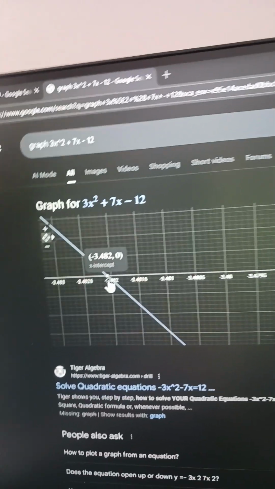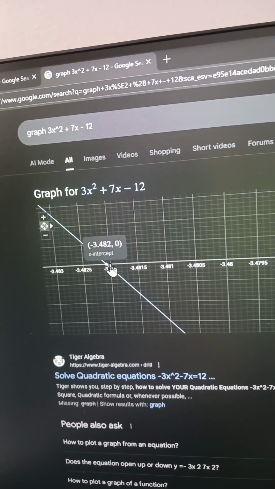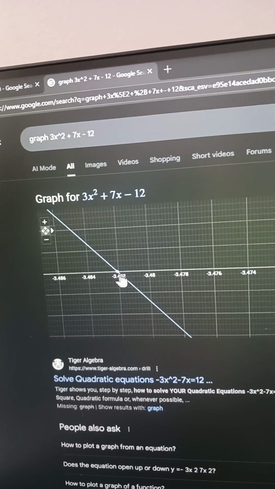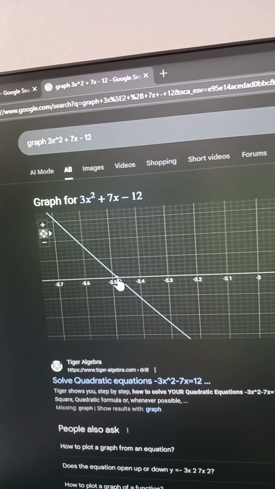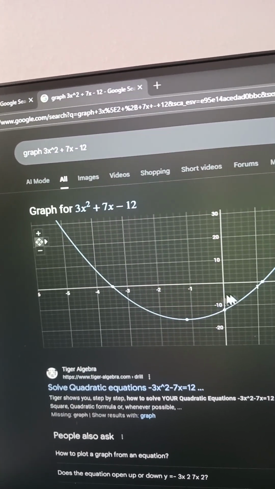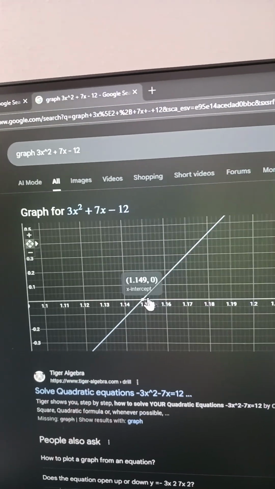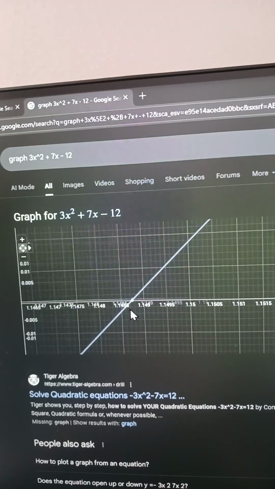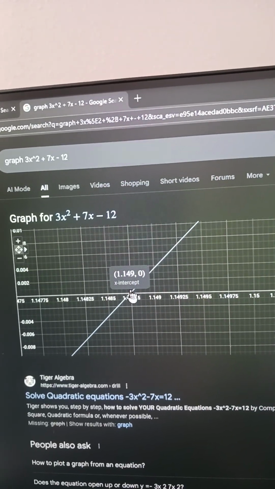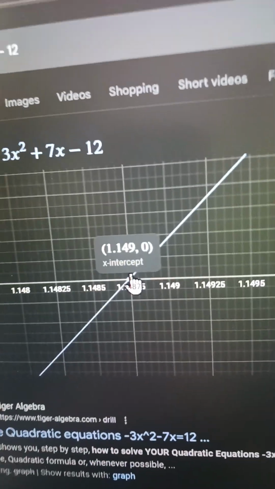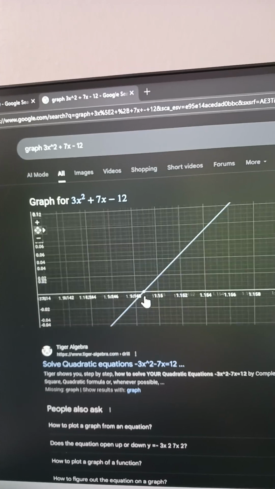Yep, and it's exactly on that right there. And then for the other one, it was like 1.149 or something. Let's see. See, exactly. So that is how you calculate it, and it shows it.